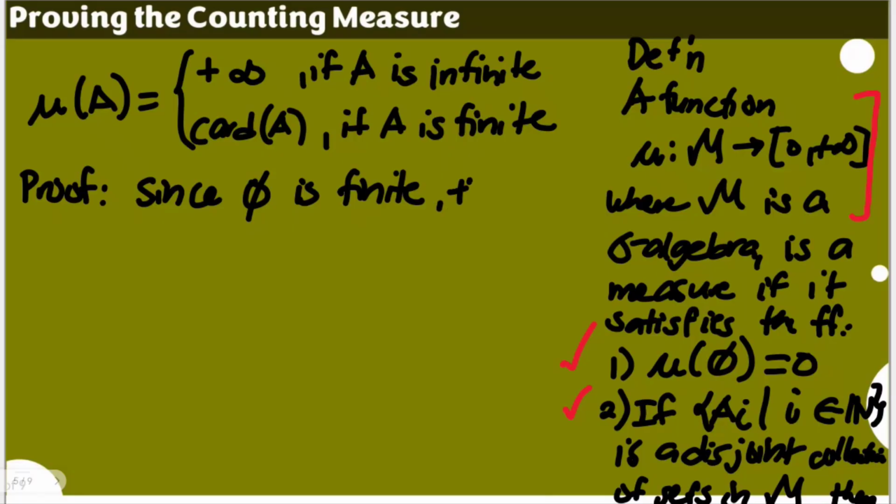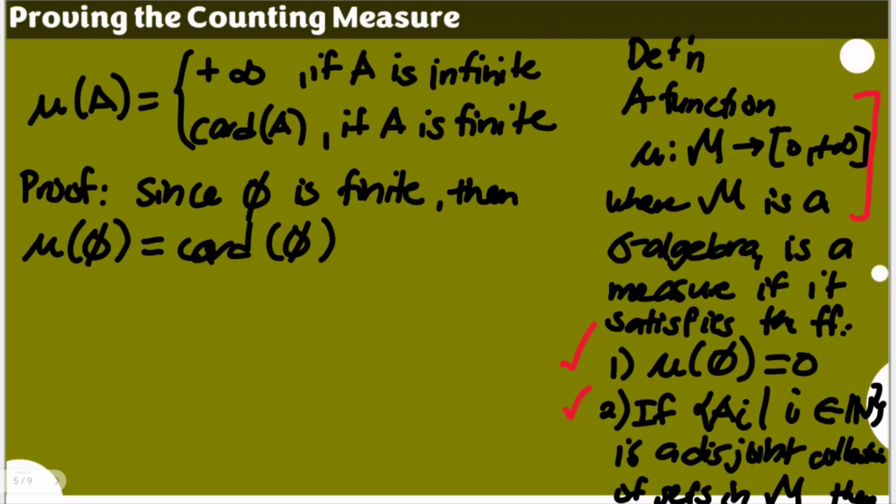Then the mu of the empty set is equal to the cardinality of the empty set. And what is the cardinality of the empty set? It's actually 0. So with this, we have shown our first condition, where the mu of the empty set is equal to 0. So you can also label here 1 if you would like to.